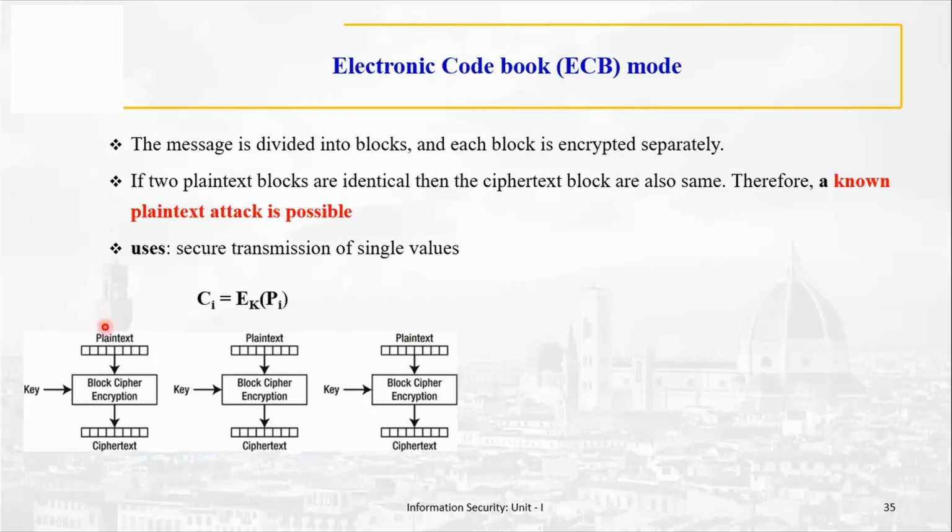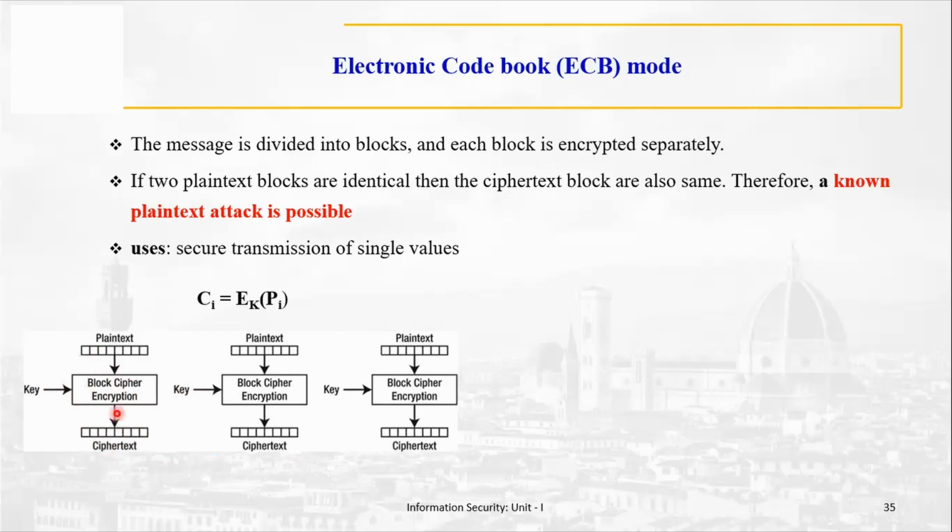If you look at the example here, let's say this is one block of the plain text, the original message. It goes into the encryption algorithm, and then it creates an encrypted text, that is ciphertext. It uses some key, right?